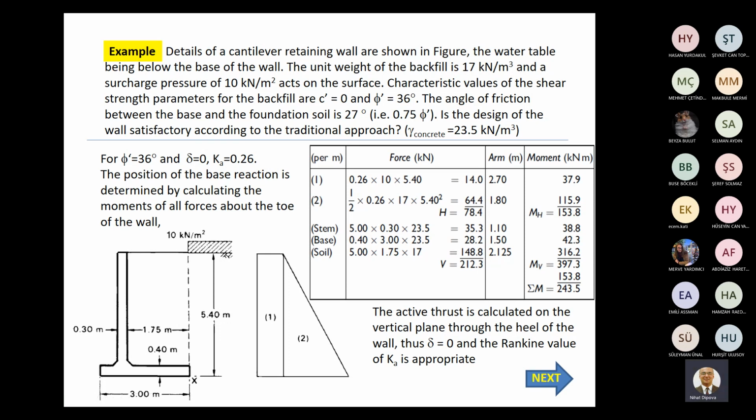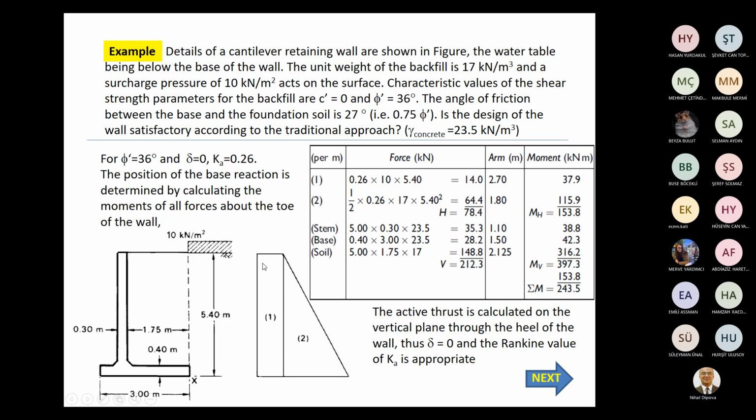The position of the base reaction is determined by calculating the moments of the forces about the toe of the wall. Then, for calculations, we have to make this table considering forces and overturning and resisting moments.